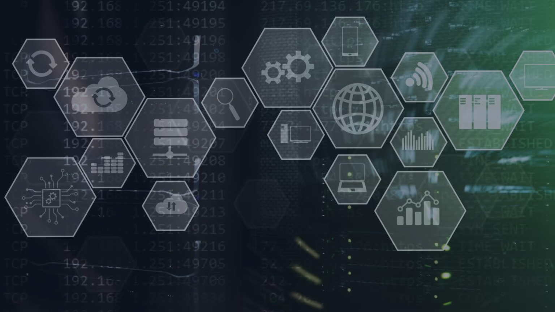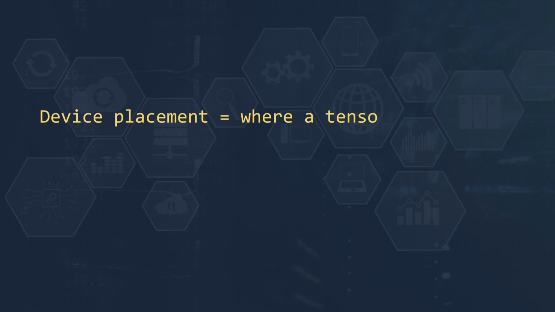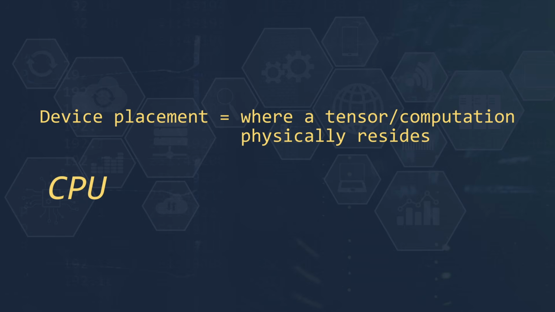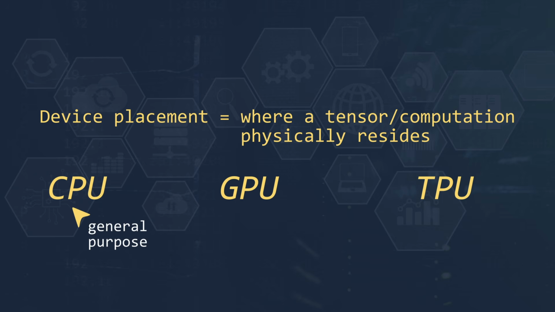Time for even more optimal optimizations. Device placement refers to where a tensor or computation physically resides, whether on your CPU, GPU, or another specialized device. This distinction is critical for performance because different devices have unique strengths. CPUs excel at general-purpose tasks. GPUs are optimized for parallel computations, making them essential for training very large neural networks.